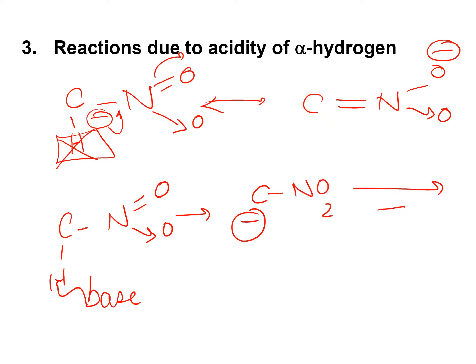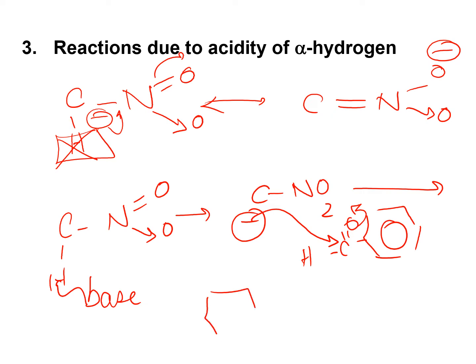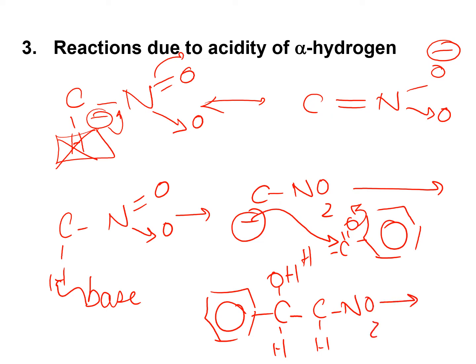And accordingly, if you add something like benzaldehyde, any carbonyl compound, the negative charge will attack the partially positive carbonyl carbon, giving the product of the addition of the first step, followed by condensation that will take place spontaneously due to the presence of a benzene ring. So this is the aldol condensation, and this is how it proceeds.